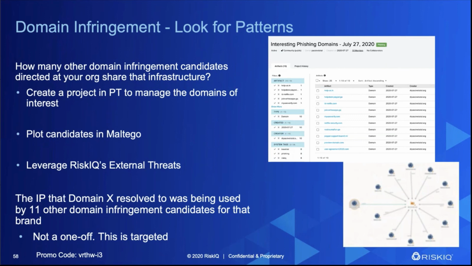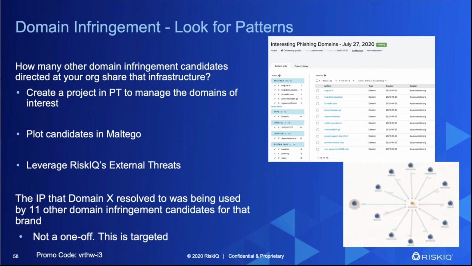From there, you want to keep track of these. I think one of the easiest ways to do that is to manage all of your domains in PT so that you can pop them up at the drop of a hat and see what's changed very quickly. You can also leverage something like Maltego, which we talked about a little bit earlier.